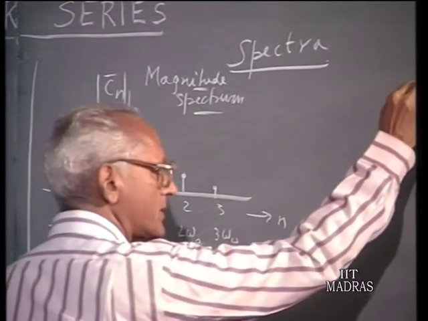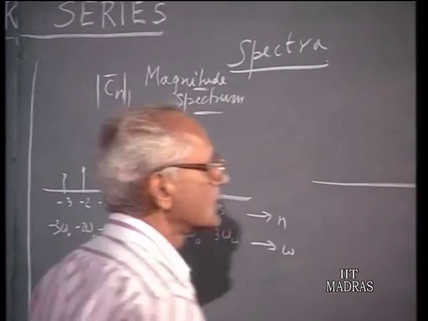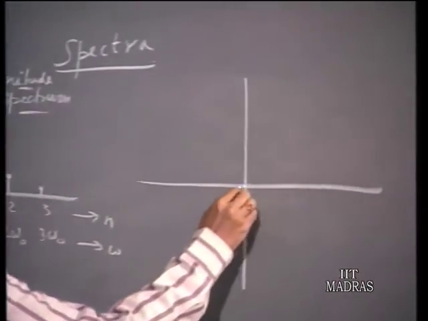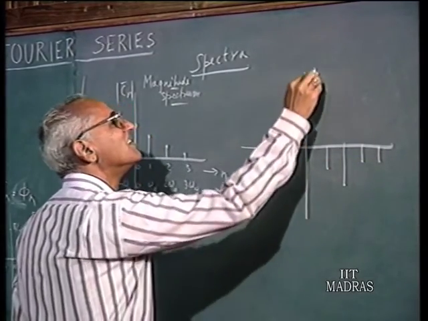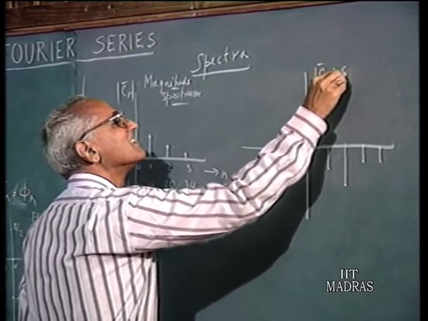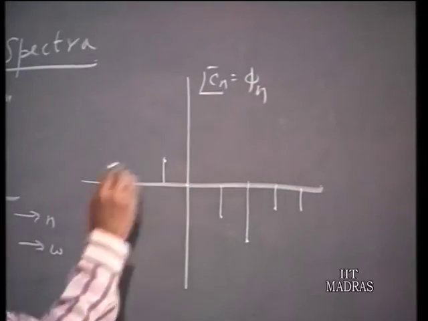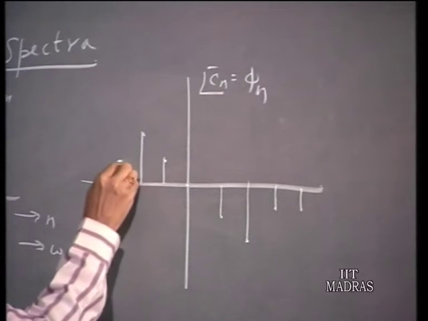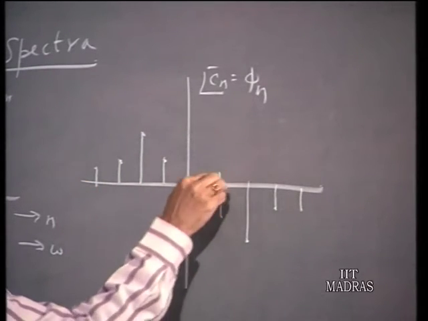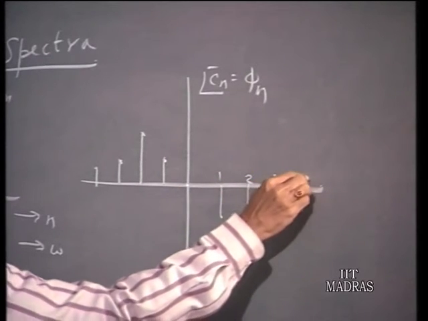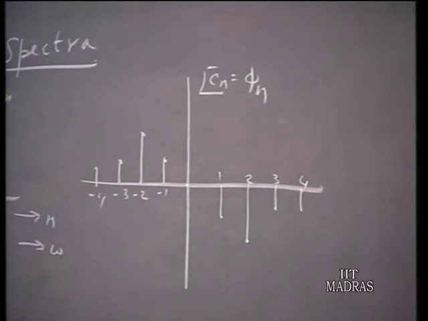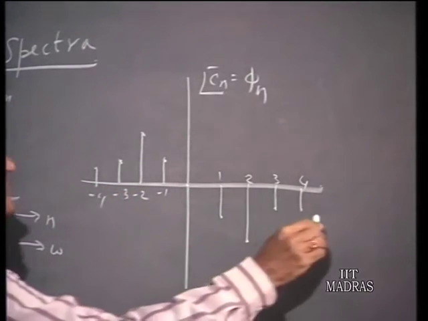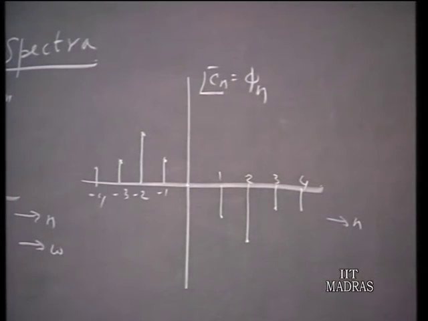If you plot the phase spectrum, in general again you have some values. This is the angle of Cn, which is equal to phi n. The phase spectrum turns out to be an odd function of n.